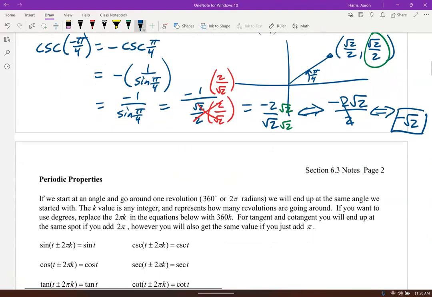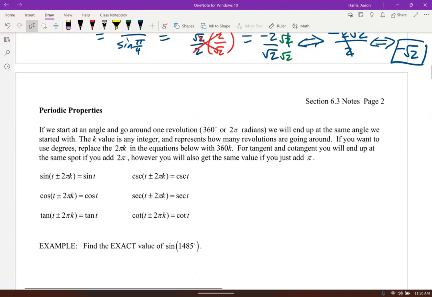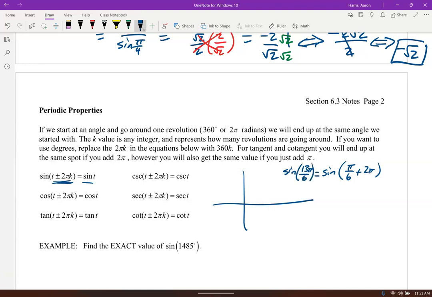Now let's talk about some periodic properties for a minute. This is saying the sine of t plus however many full revolutions around is the same as just the sine of t. So for example, pi over 6 plus 2 pi, which is the same thing as 13 pi over 6.